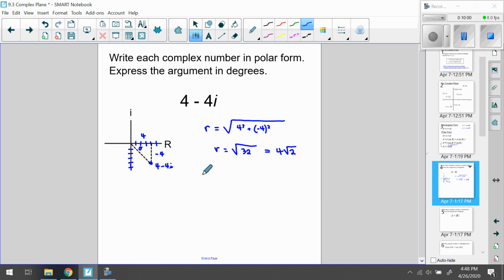Okay, and then we also want to find theta. So theta is going to be the angle that we rotate from the polar axis to get to this point here. Just as before, we're going to find theta the same way. Sometimes it'll be obvious what theta is just by looking at these values, from our knowledge of the unit circle.